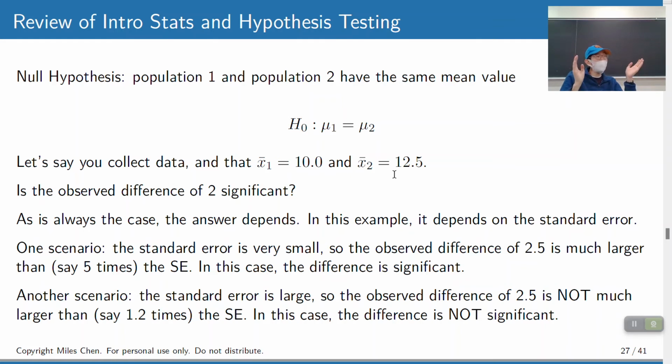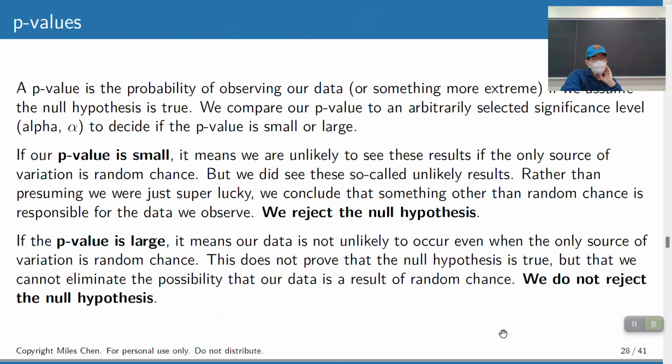You're more likely to say, well, the values are all over the place, and therefore this difference of 2.5 could have just been a result of random sampling. So it depends on how much variance you see within your samples, whether that difference of 2.5 would be considered unusual or not. In one case, we would say the difference of 2.5 is significant, and in the other case, we would say it is not significant.